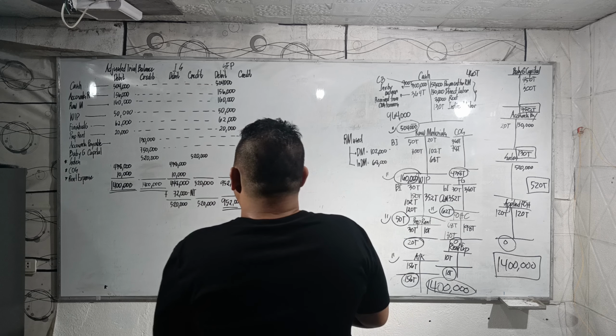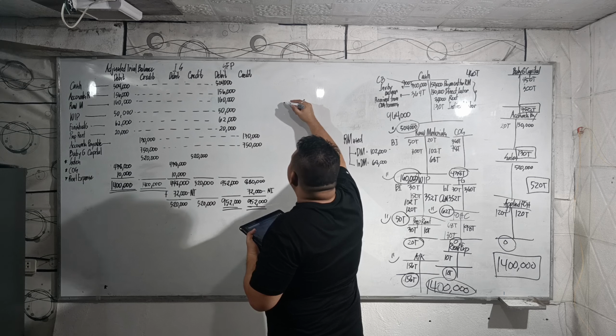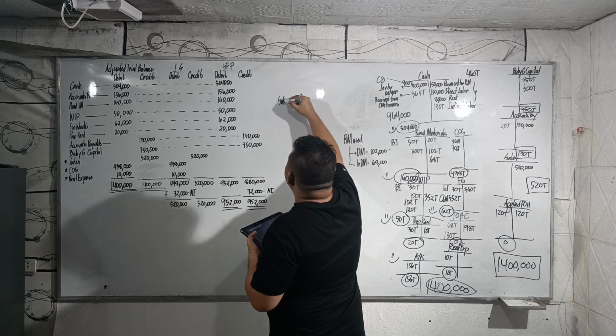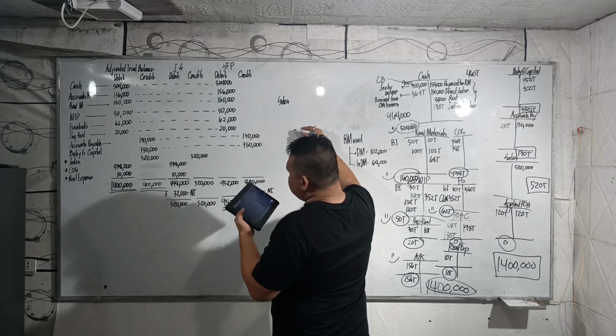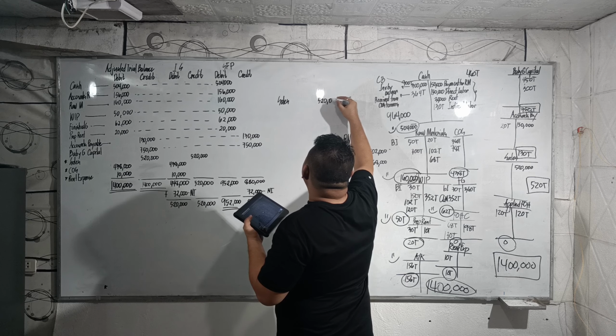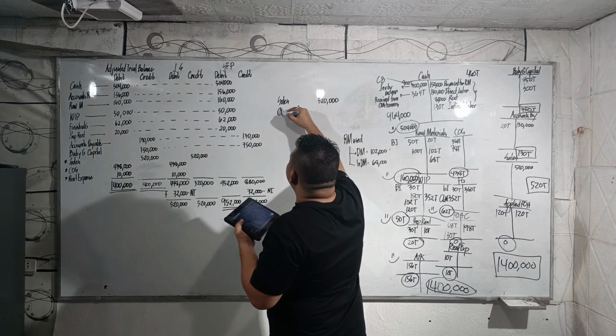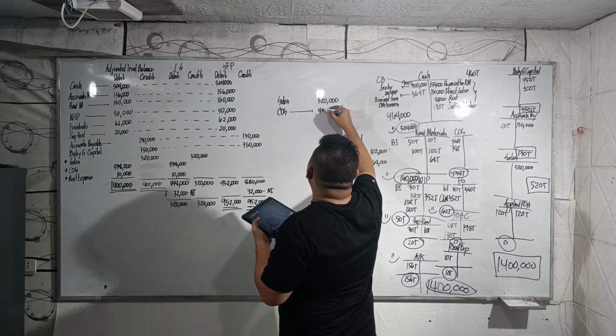again, the income statement could be like this. Sales is 520. And then the cost of sales could be 438.